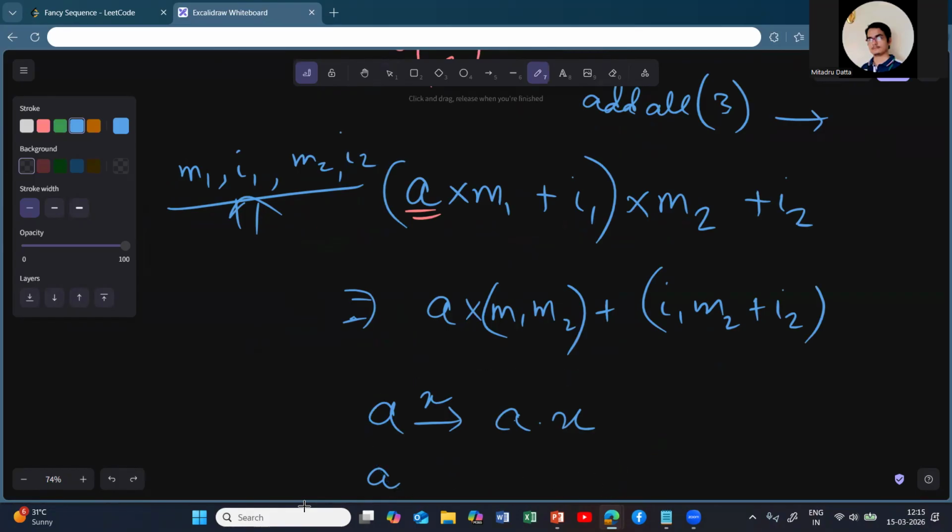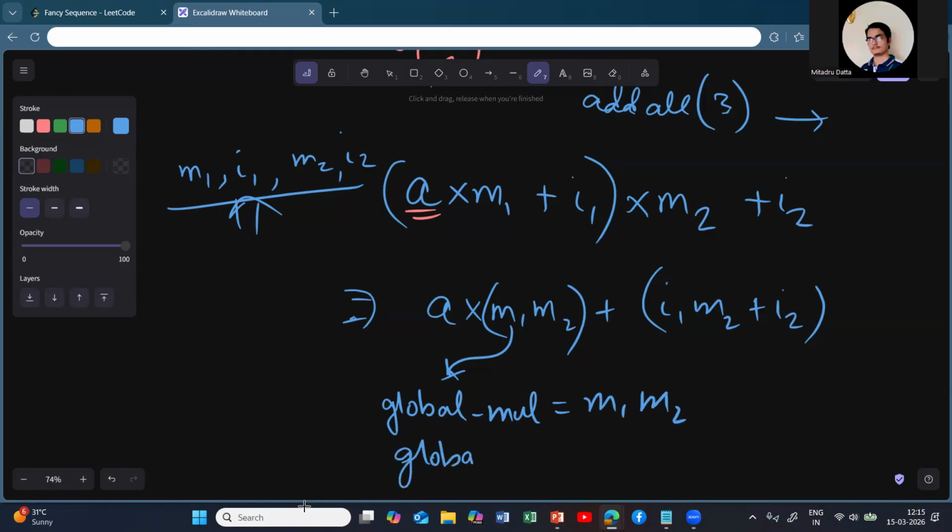So you do realize that if you keep some global multiplier kind of thing, that will be nothing but m1 m2. And if you keep some global adder kind of thing, or global incrementer, in this case it will be I1 m2 plus I2.